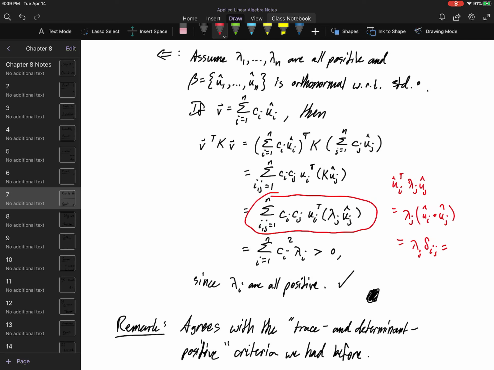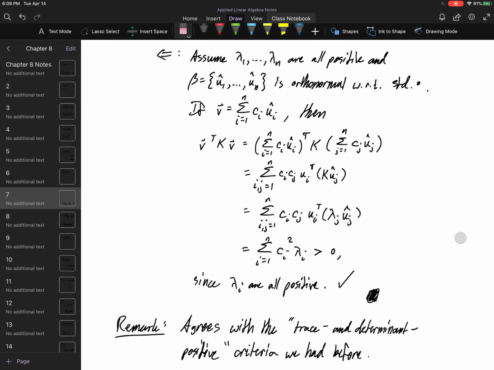Delta ij is only ever going to be non-zero, equal to 1, when i is equal to j, so this is exactly equal to lambda j. Otherwise, I can ignore every other term in this double sum, which is exactly why I come down to a single sum here at the bottom.